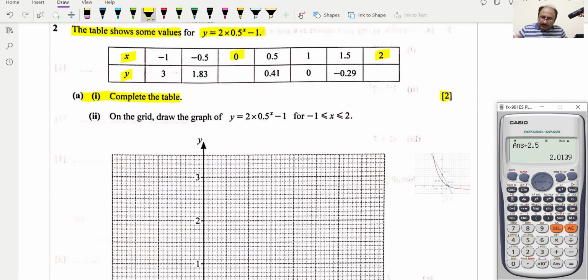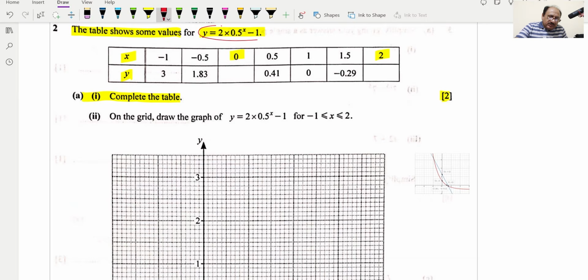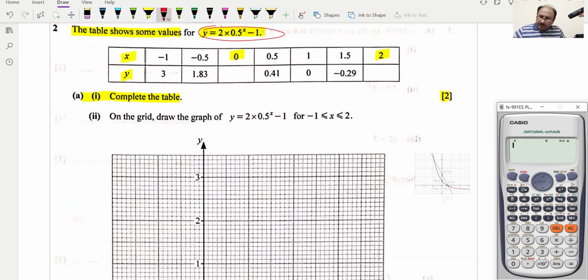For this one, the easiest possible way is to use a calculator. Just type the given equation in the calculator: 2 multiplied by 0.5 raised to the power x, minus 1. So this is the equation which is provided.